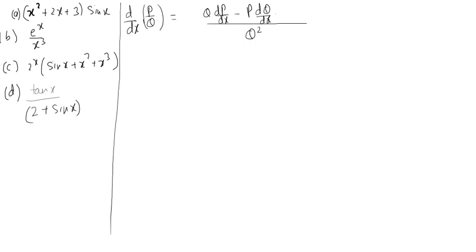so here, in the second part, p is e to the power x and q is x cube.